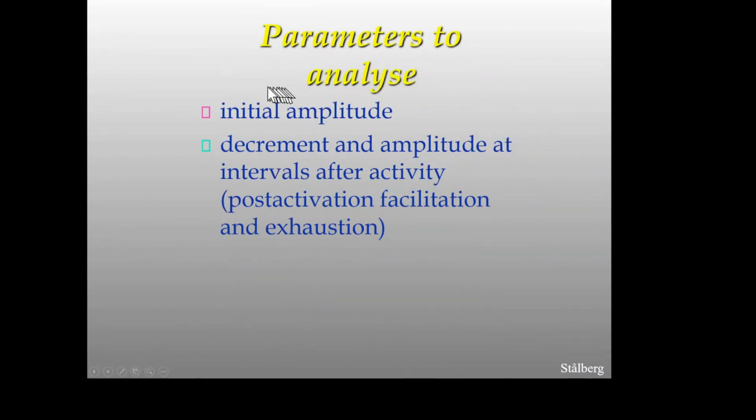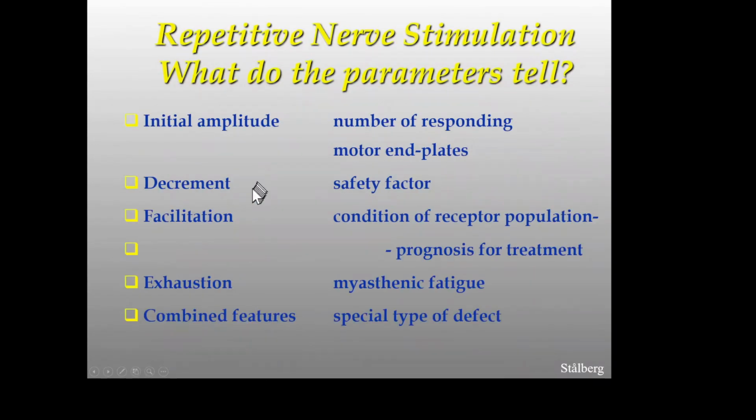And what we measure, as I said, is the initial amplitude and the decrement after activation. And our parameters tell us different stories. The initial amplitude is the number of surviving motor templates.